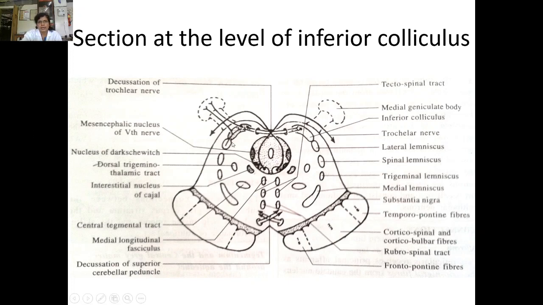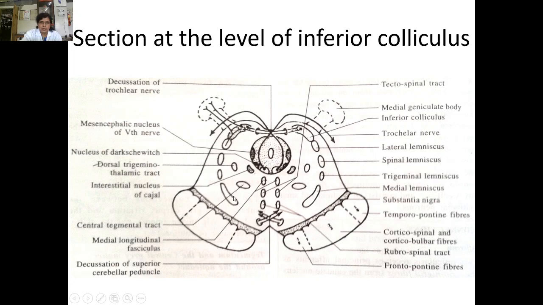So the lateral lemniscus ends here. It is not present at the upper level. Some fibers end in the inferior colliculus, and maximum fibers end in the medial geniculate body.